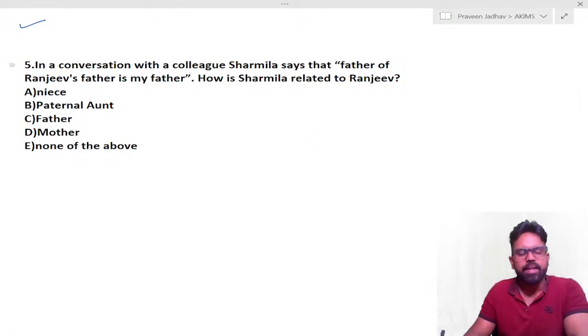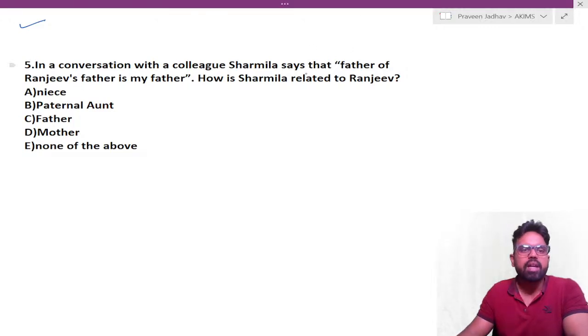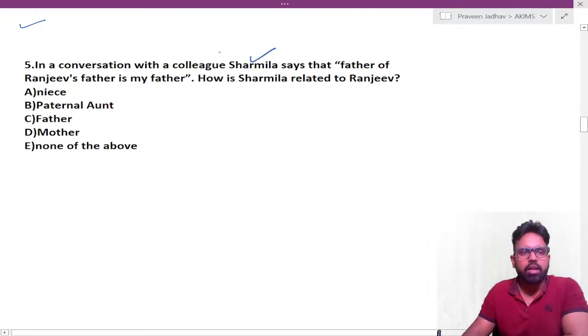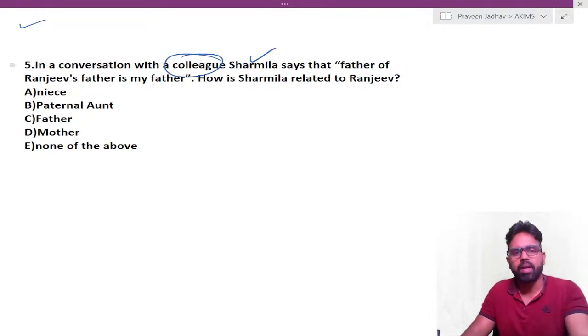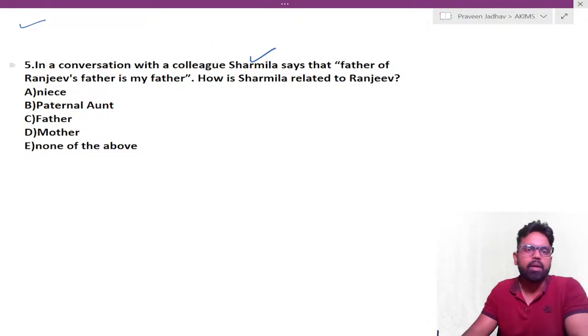Look at this question. In a conversation with a colleague, Sharmila says that father of Rajiv's father is my father. Where do you start such questions? First ask yourself, who is the person who is talking? Sharmila. Who is she talking to? A colleague.